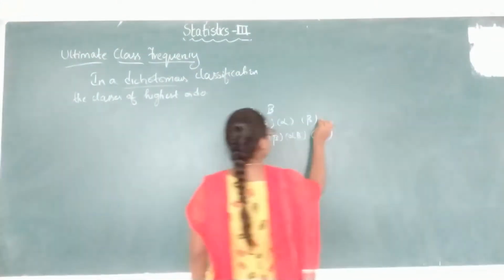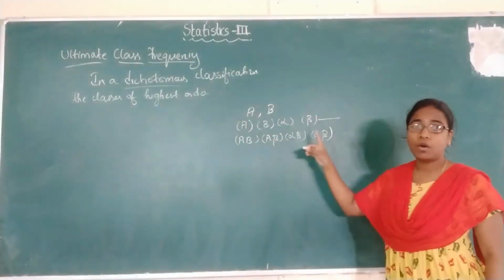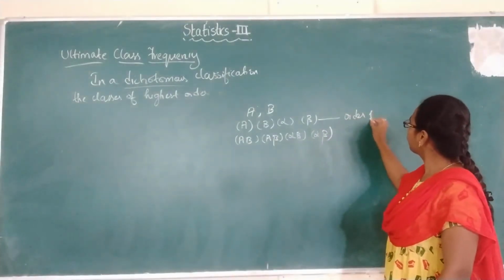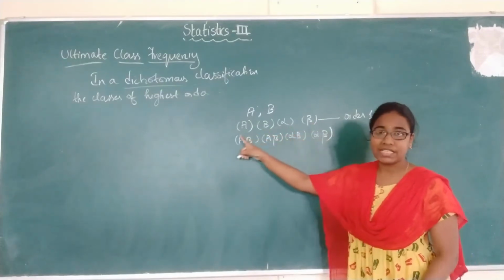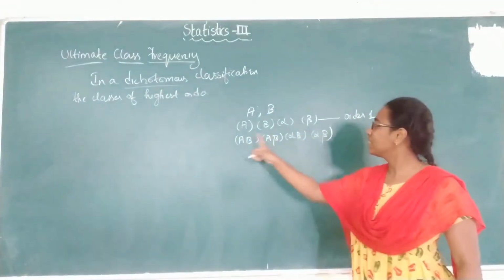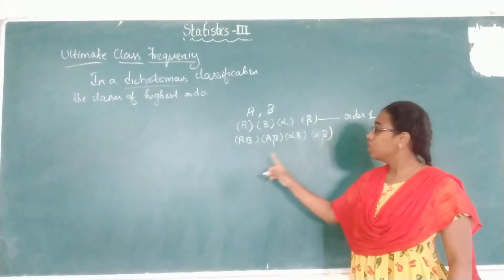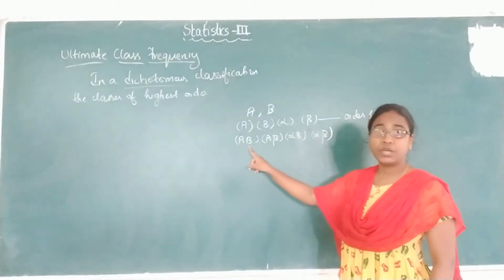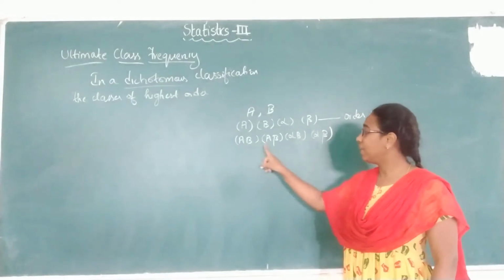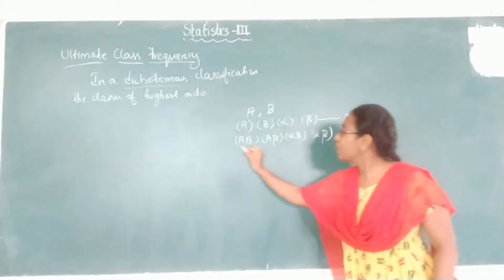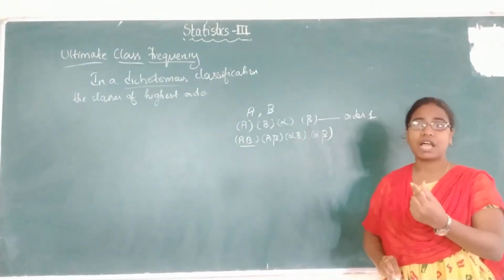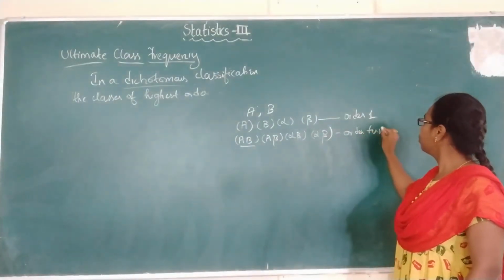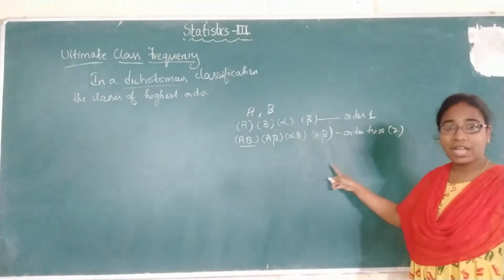In this line, I have written all the class frequencies of order 1, because there is only one attribute in each class: A, B, alpha, beta. AB is one class having 2 attributes, so here the order is 2.